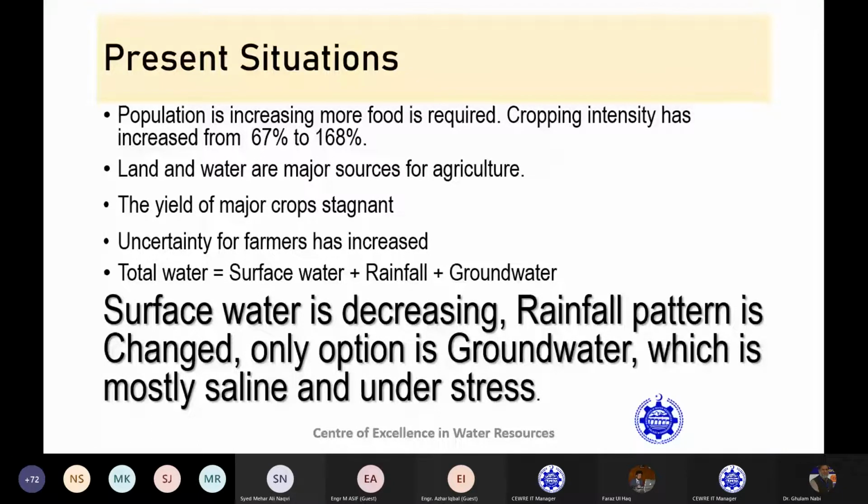Farmers are thinking that agriculture is not going to be a profitable business unless it is modernized or operated at a large scale.